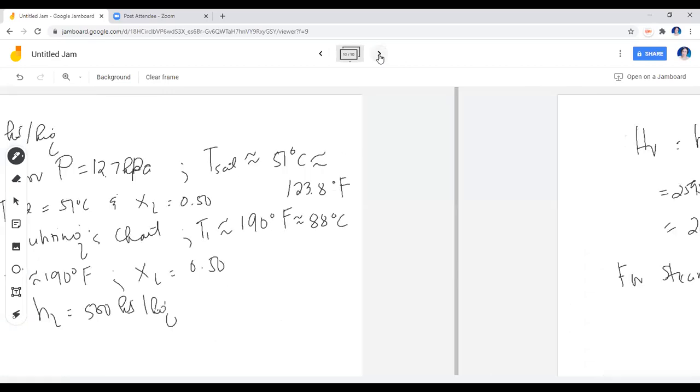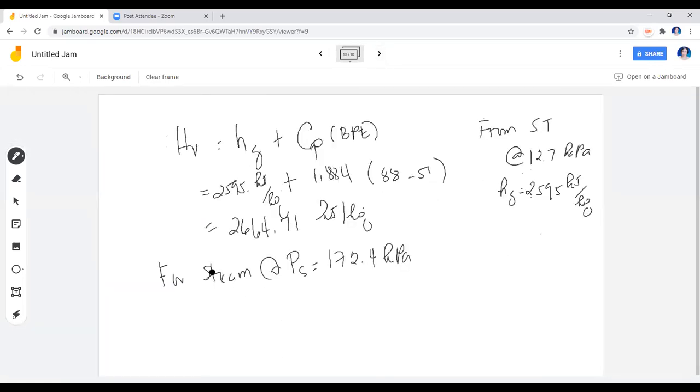We need to get, if your steam tables do not have the actual lambda, the saturated vapor enthalpy and the saturated liquid enthalpy, and get the difference of the two. So in the case of steam at 172.4 kPa, I will just approximate it.